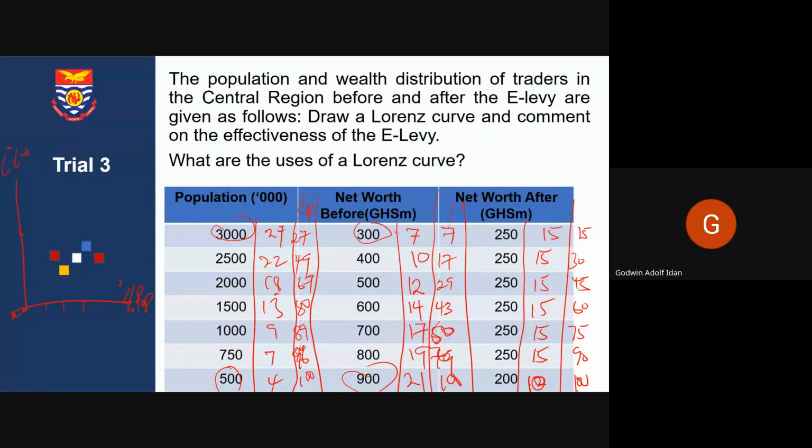The person receiving 800 after the e-levy is now receiving 250, which communicates that at least there is a fair distribution of income within that particular population. So that is one application of the Lorenz curve. As we've gone through this illustration, please complete it, and maybe we may meet this one somewhere.